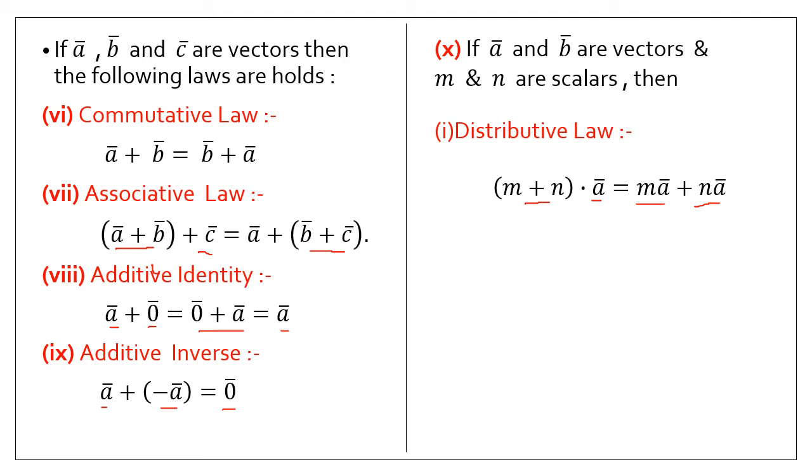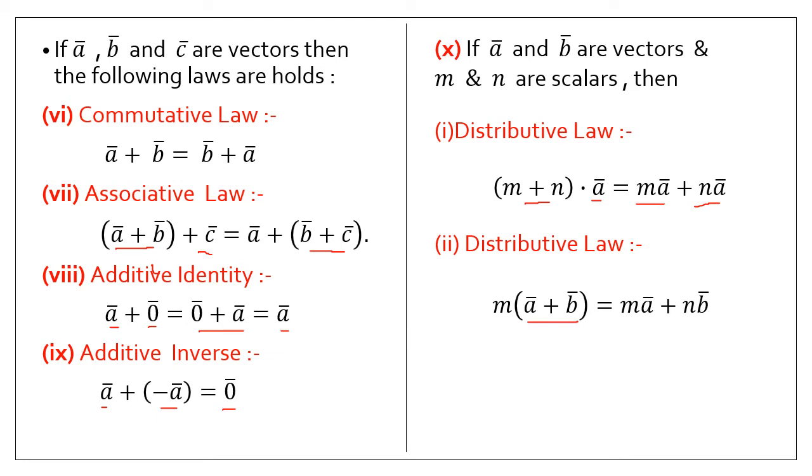That is, addition distributes over multiplication. Then distributive law, M into A bar plus B bar. Now here M distributes over addition, that is M A bar plus M B bar.